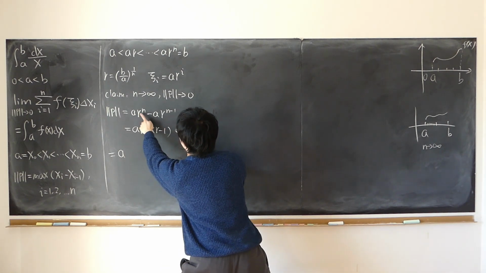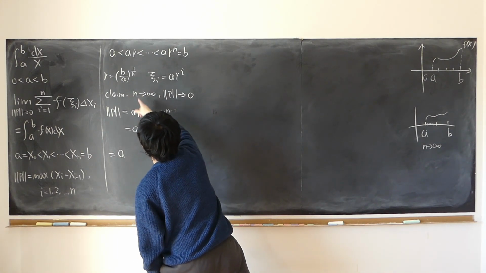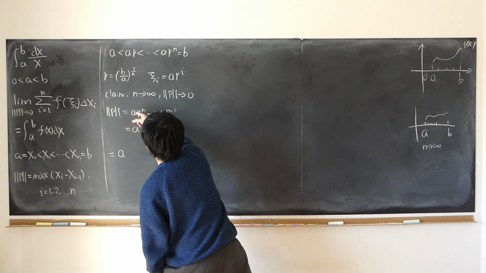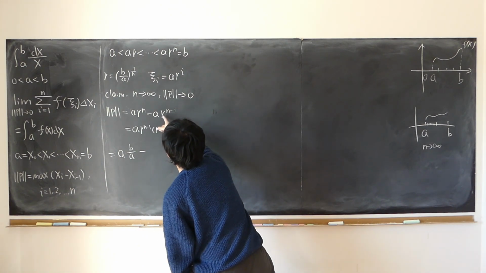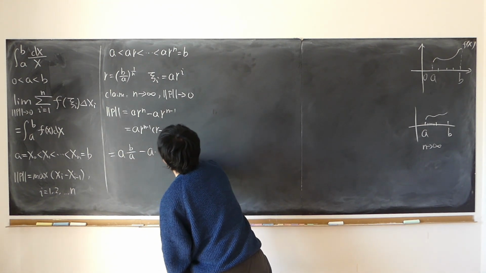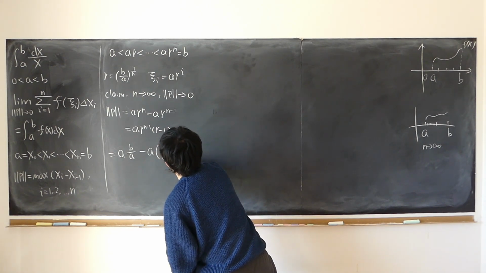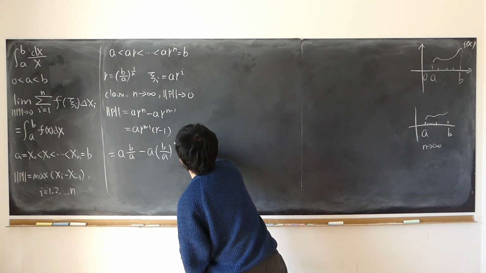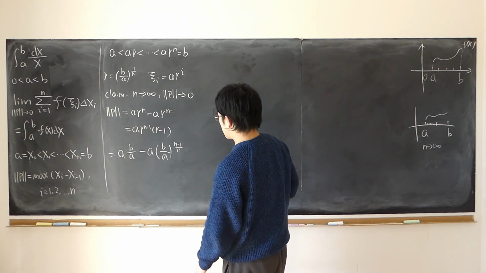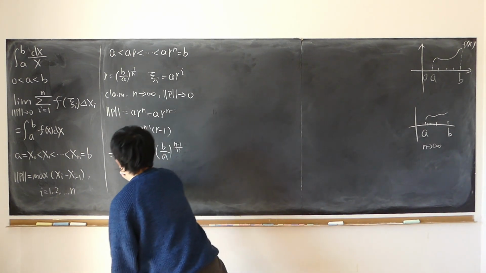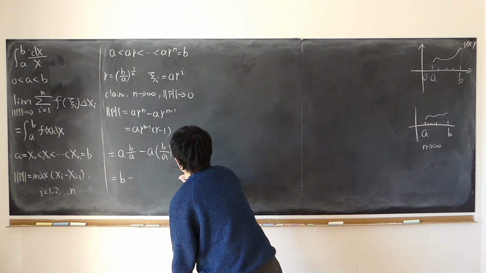A times r, let me just plug into this expression, maybe more convenient, right? r is b over a to the power of 1 over n, raised to the power of n, that is a times b over a, minus a times r to the power of n minus 1, where r is b over a to the power of 1 over n, so the power is n minus 1 over n. So really, in this case, I have b minus, split up the power, right?